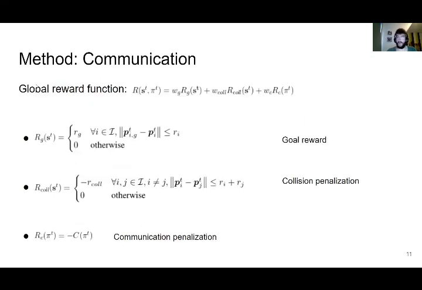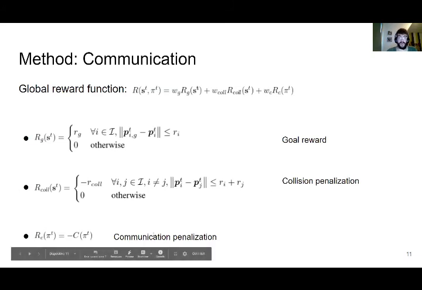Then we define the following global reward function. In this global reward function, we reward the multi-robot system for each robot attaining its goal position, and we penalize them for colliding and communicating.